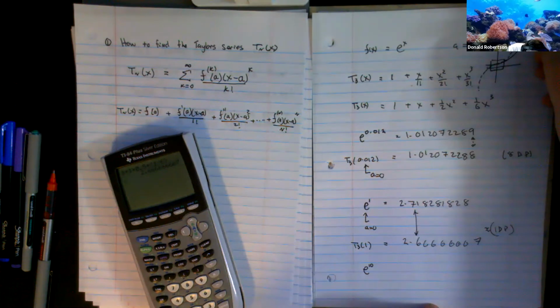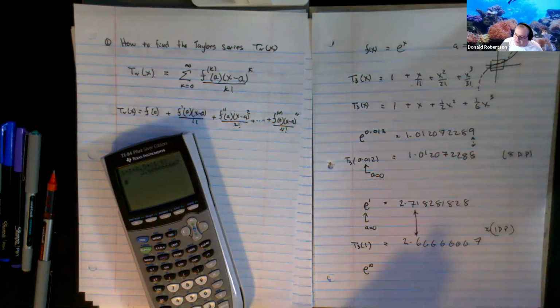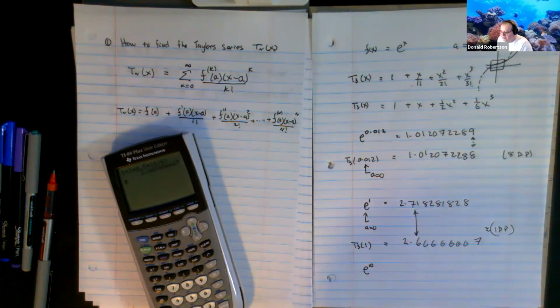But it doesn't take too long, right, before they separate, and they separate really badly. And by the time you did e to the 10, which would be over at the end of my table, the answer is like billions out, right? That's how bad it is.